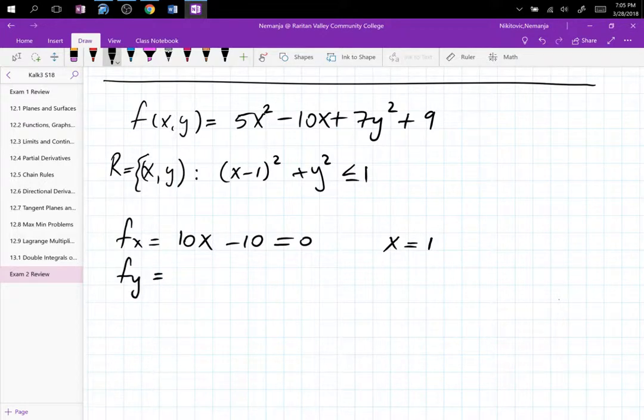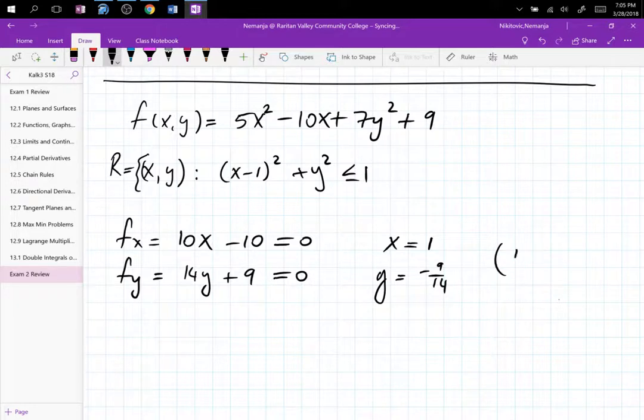Perfect. Fy is 14y plus 9 equal to 0. y equals negative 9 over 14. Not so nice. So we already have a critical point at 1, negative 9 over 14.